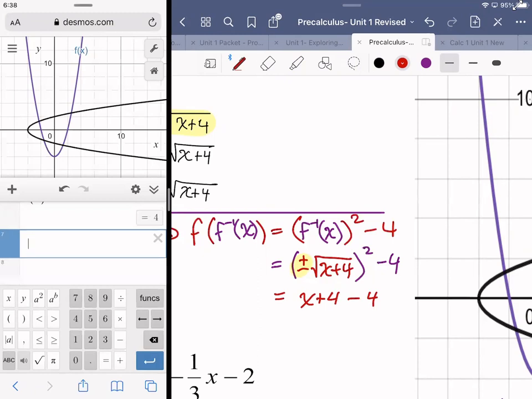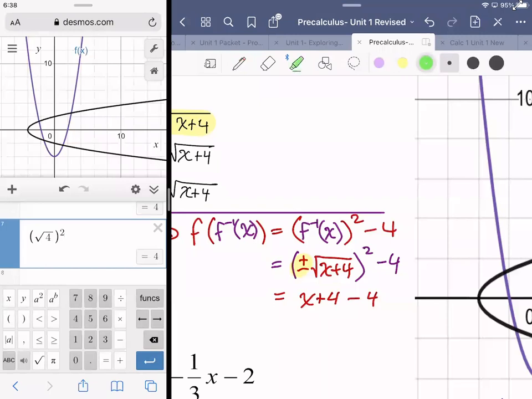So, for example, keeping it simple, the square root of 4, if I then take that and square it, you see how the answer is the thing that was under the radical to begin with, right? And you could do that for any number, even if that number involves a variable. So we have x plus 4 minus 4. The 4 and the -4 will cancel out, leaving you with just an x. And so this is verified.